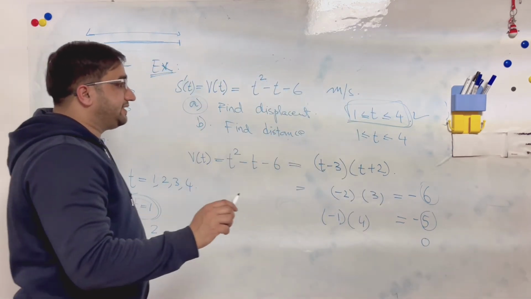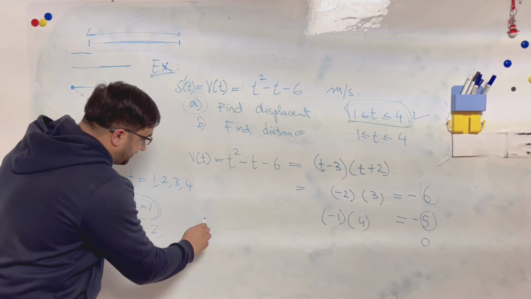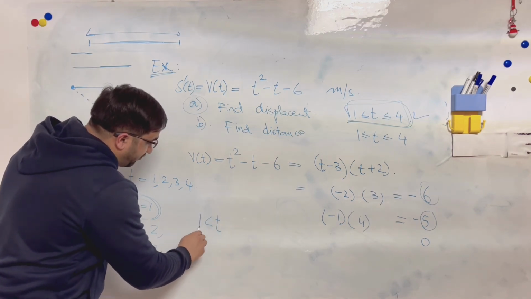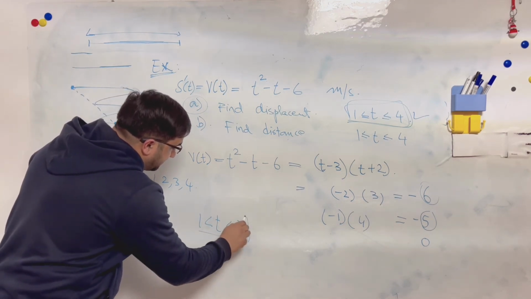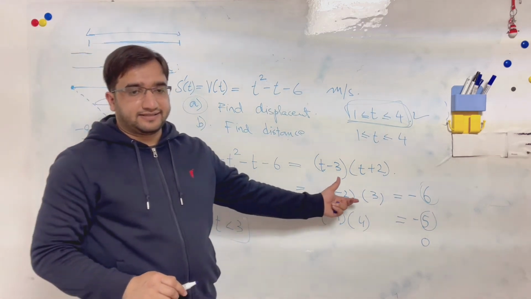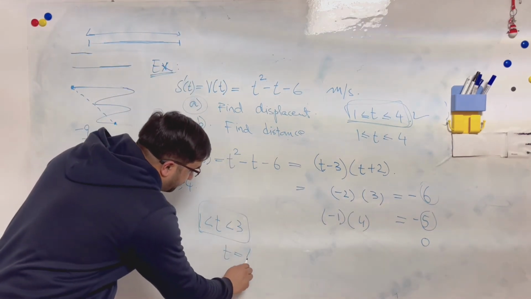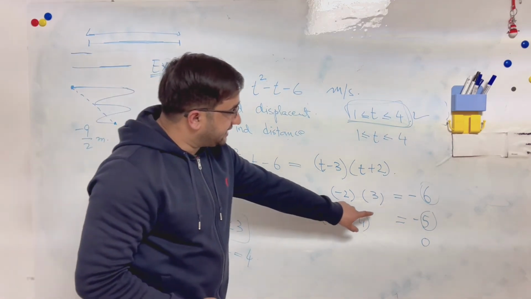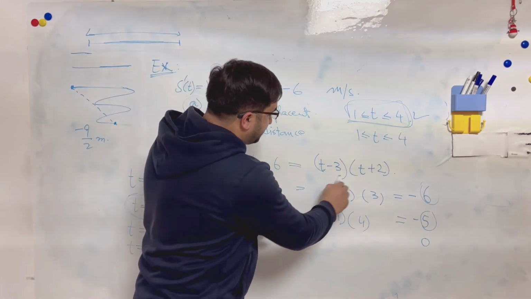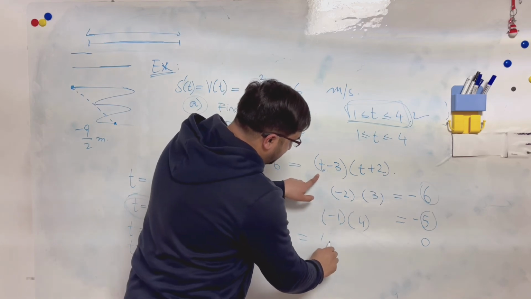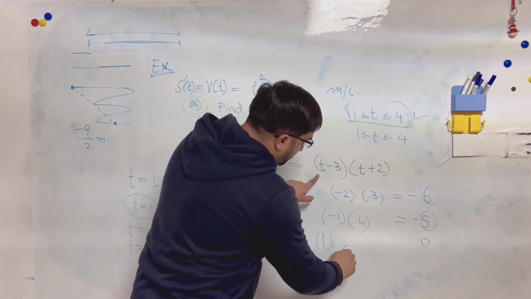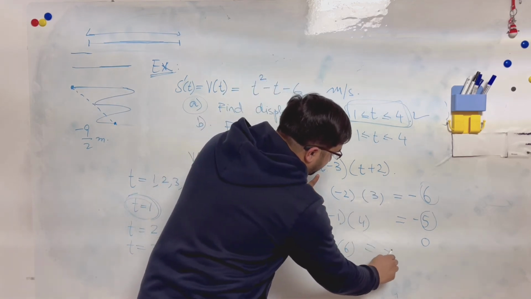It means when t is between 1 and 3, the answer is negative or 0. And when t is equal to 4, put 4 in the same factors, it will be 4 minus 3, a 1, into 4 plus 2, a 6. It is a positive number.